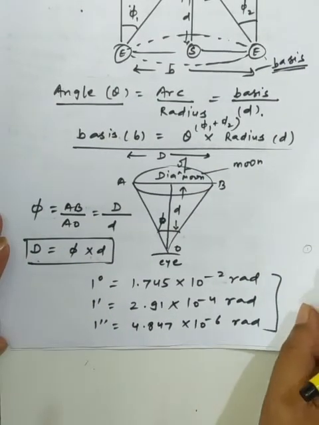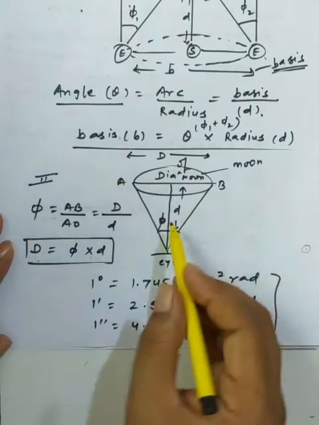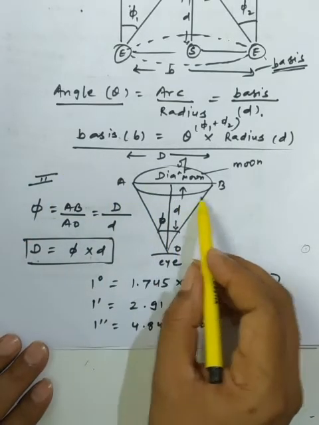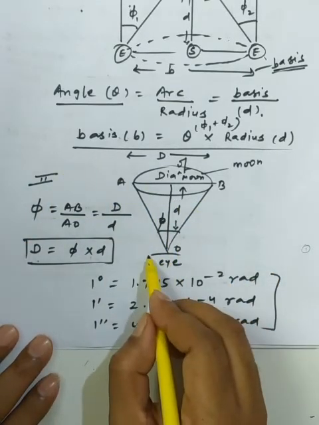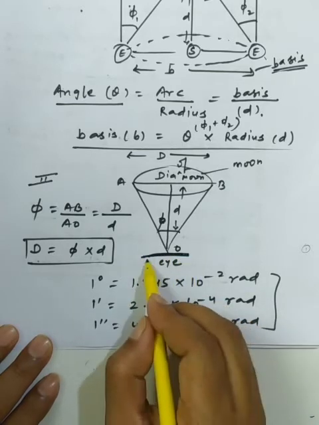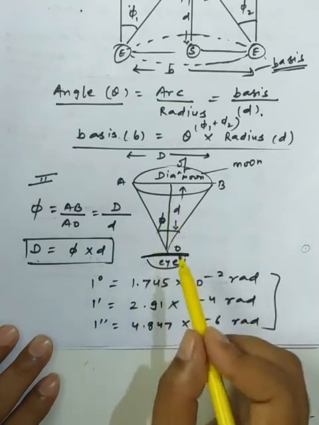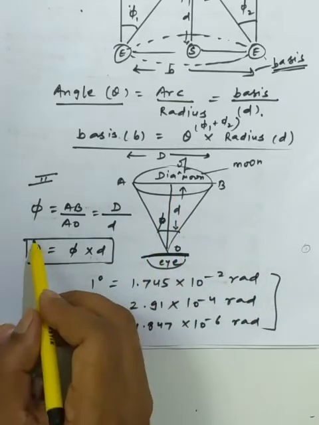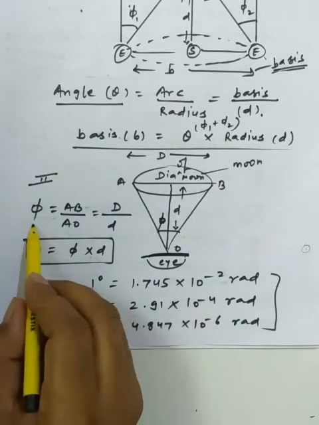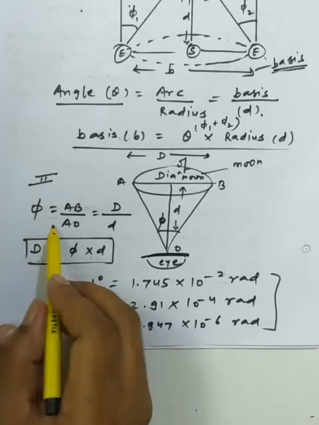Now we have the second method, in which we wish to calculate the diameter of the moon. By any kind of device, probably a telescope, from the surface of the earth we watch this celestial body. Further we get the simplest formula, theta is equal to arc upon radius.